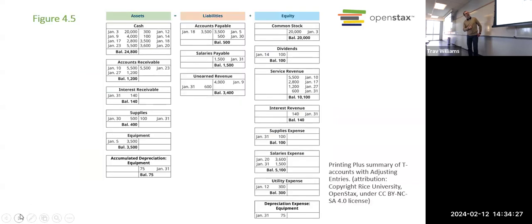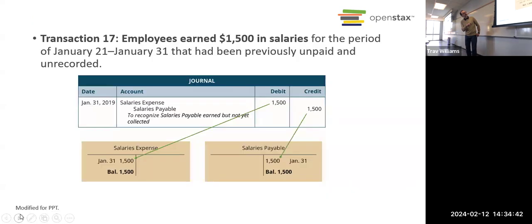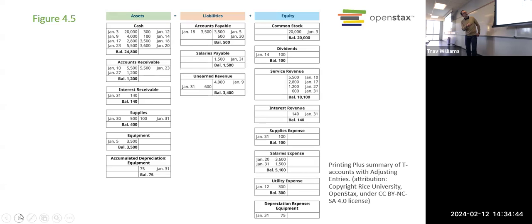Okay. So now if we took all of the previous transactions from the unadjusted trial balance and we updated it with these adjustments, like, what were some of these that were adjustments? Look at one. So we have the salaries expense and salaries payable.